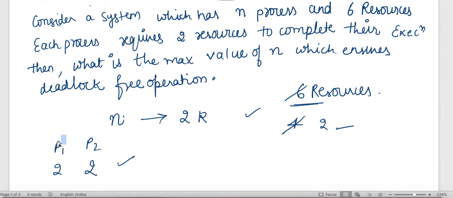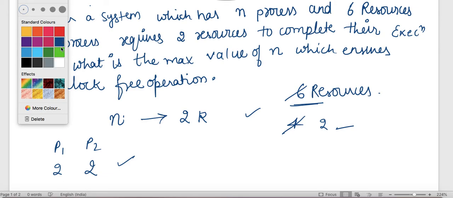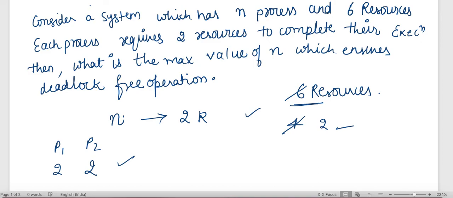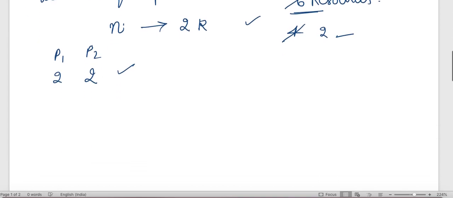So let's see how to do it. Now let's say I take P1, P2, P3.